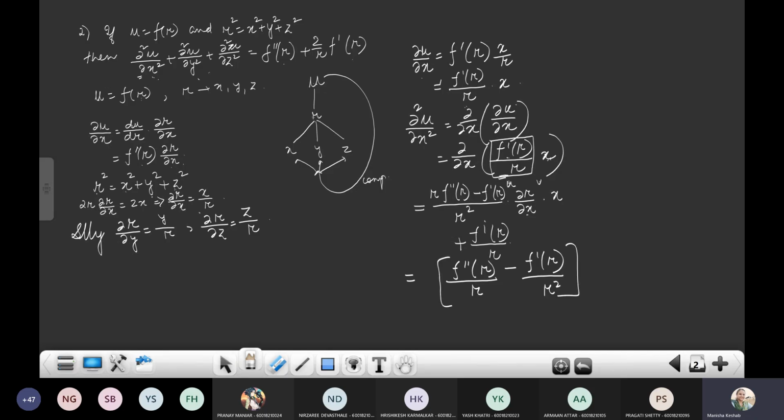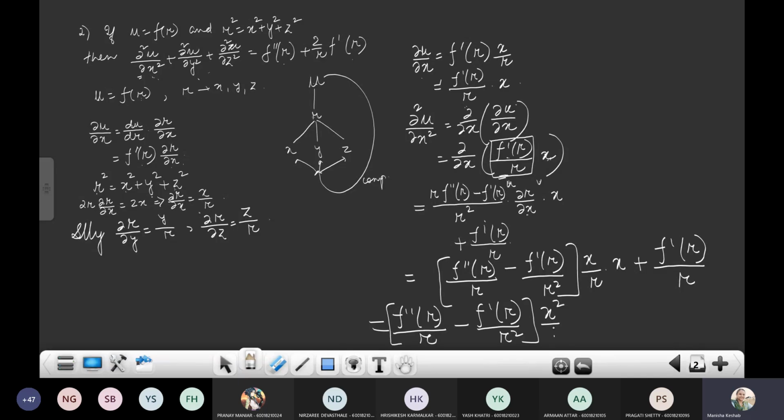Then del r del x is x by r into x, plus this term, f dash of r by r. Okay. So finally this is equal to f double dash of r by r minus f dash of r by r square into x square by r plus f dash of r by r.